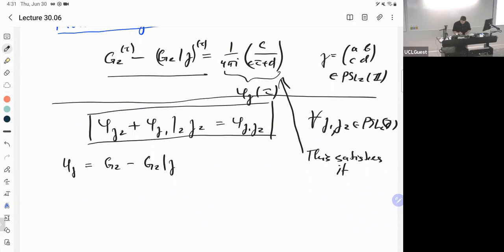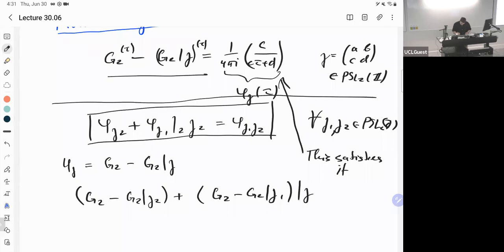So I just wanted to explain where this condition comes from, and it's just a simple calculation. You just look at what each term here is in terms of G2. And you kind of see that there's some cancellation going on. Gamma 1, gamma 2.